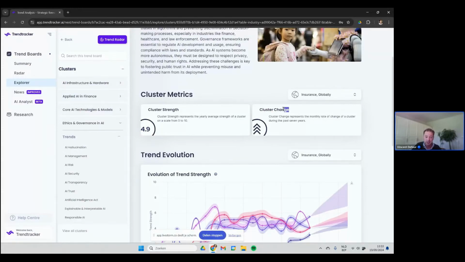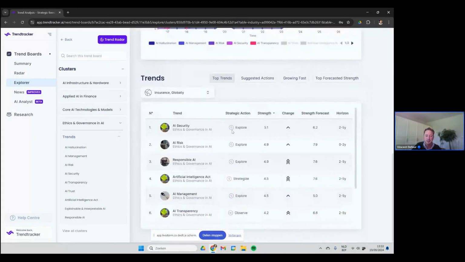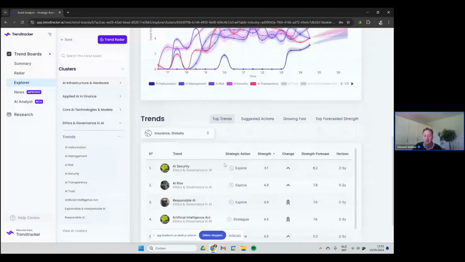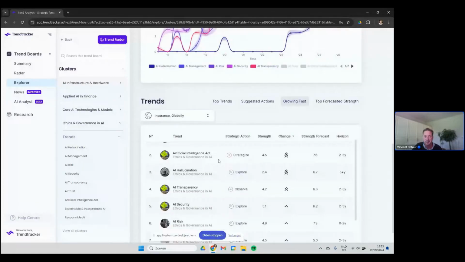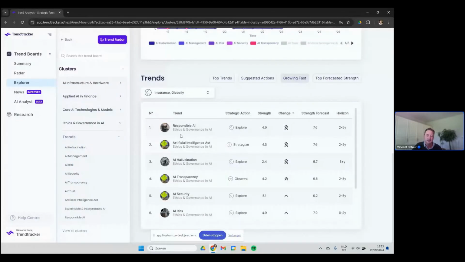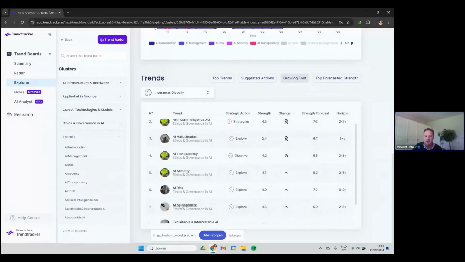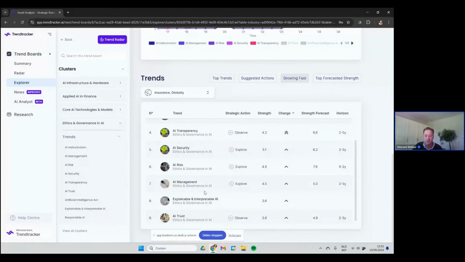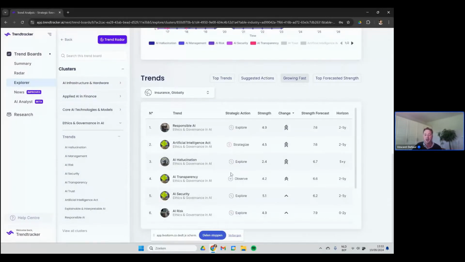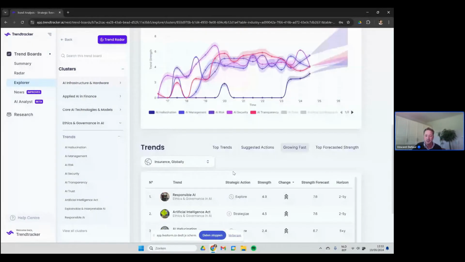It's a fast changing cluster, meaning that there are some of these underlying trends that are grouped and driving the actual cluster, that they are growing fast. And you can also see that here. For instance, the ones that are selected here are responsible AI, the AI Act, transparency in AI, AI risk, AI management, explainable AI, and so on. So a lot of these ethical and governance related risks.